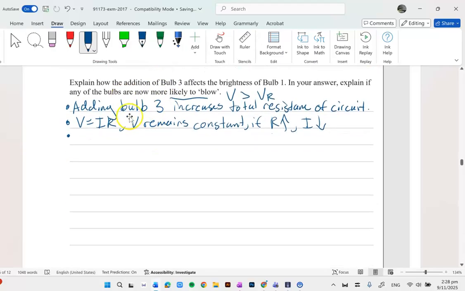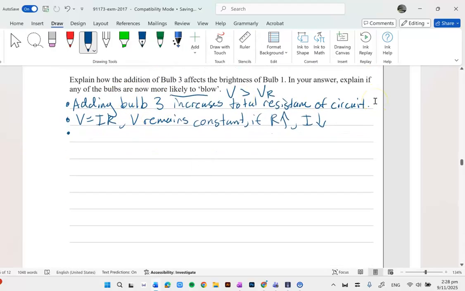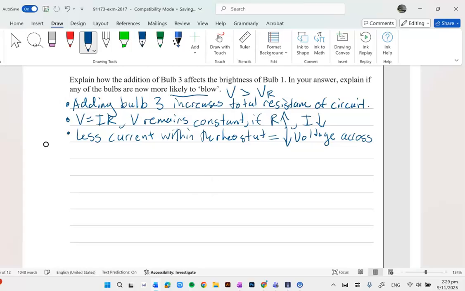So we can write: less current within the rheostat equals less voltage across rheostat.